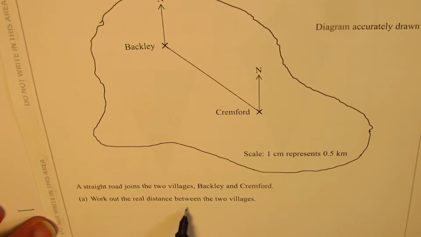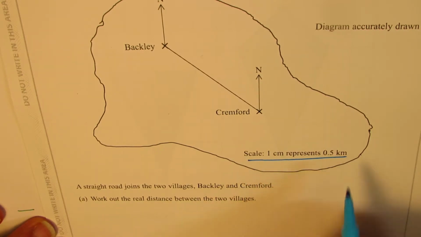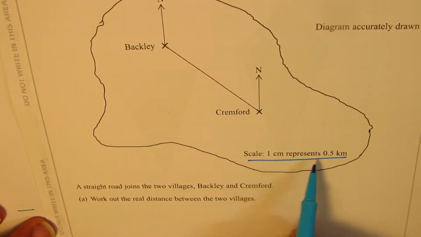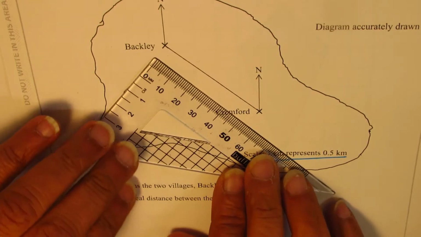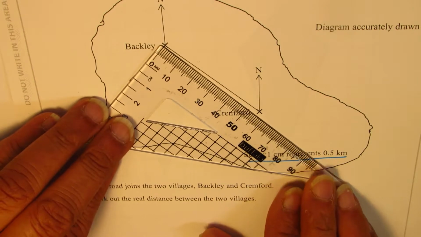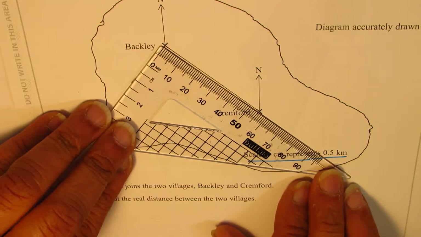Work out the real distance between the two villages. Well, to find the real distance, we have to look at the scale. And 1 centimeter represents 0.5 kilometers. So that means we have to measure in centimeters distance between the two villages using a scale, right?